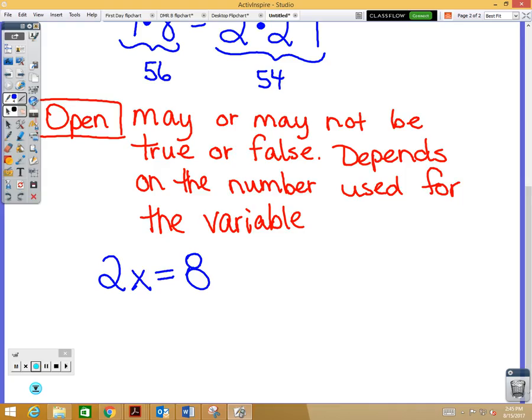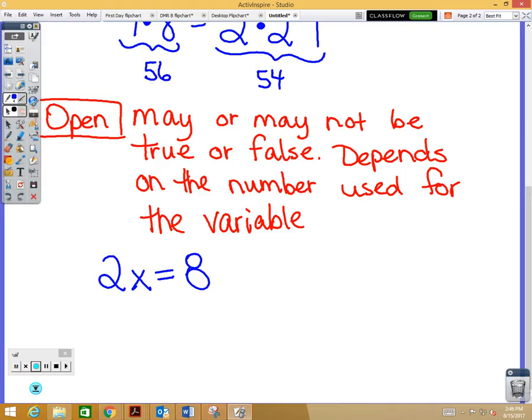If we put a 7 in here, 2 times 7 is 14, so that would be false. However, if we put a 4 in there, 2 times 4 is 8, then it's true. So it's open because it has a variable. And it depends on what we put in for the variable. We could make it true or we could make it false.